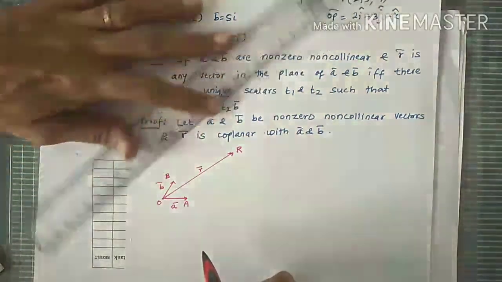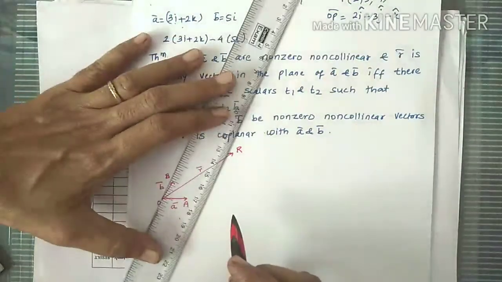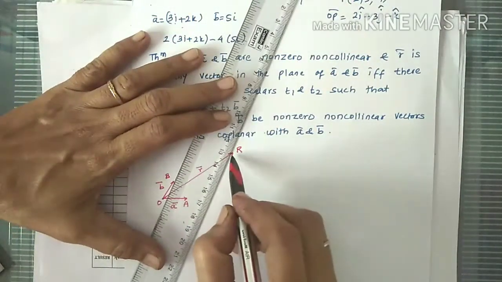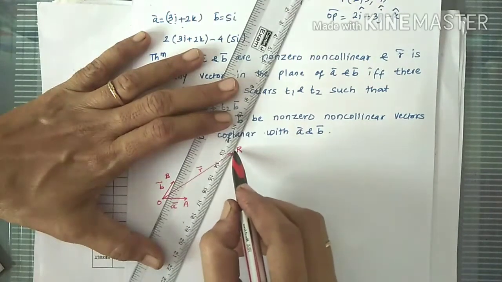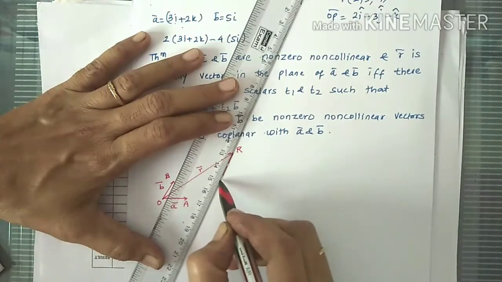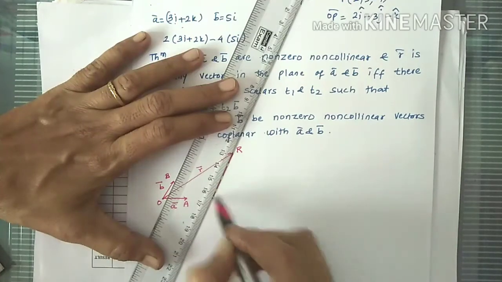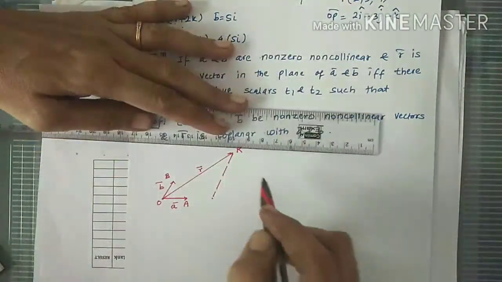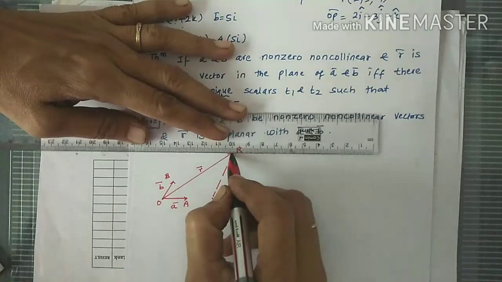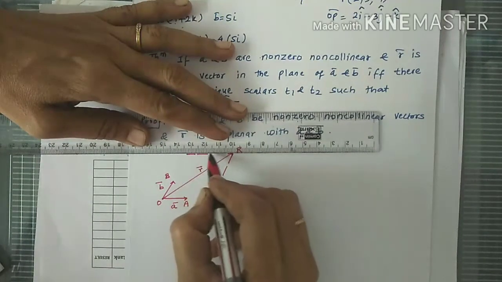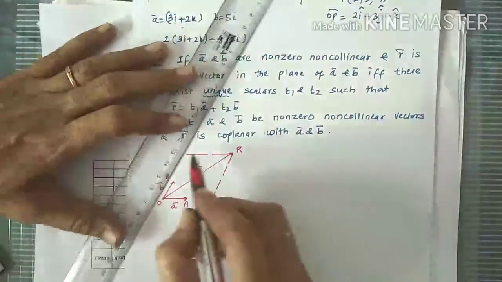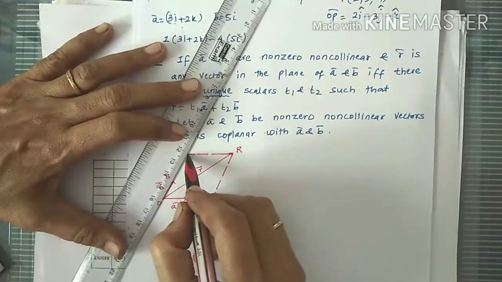Let's draw parallel lines through point R, parallel to OB and OA. This line is parallel to OB through point R, and this line is parallel to OA through point R. And let's complete this parallelogram.